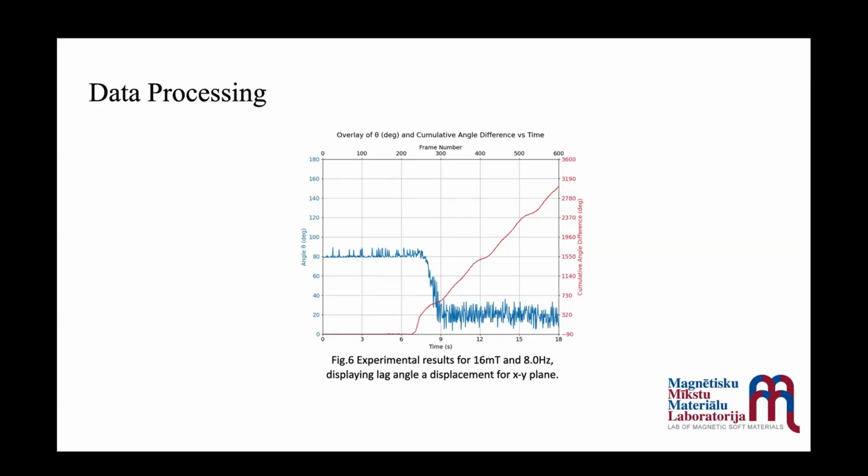As you now can see, figure 6 contains the lag angle alpha and the theta angle from the XY plane for 16 millitesla and 8 hertz, which in our experiment and the macroscopic torque graph would be at a high frequency, high field region, where, as we now know, the classical model fails, and we observe a duality in regimes where the ball of magnetical moment tends to go near a 90 degrees state and stay there, as well as the lag angle creating that so-called back and forth movement.